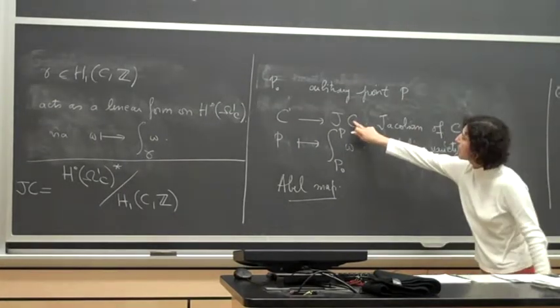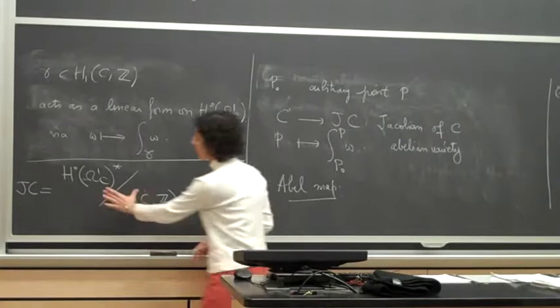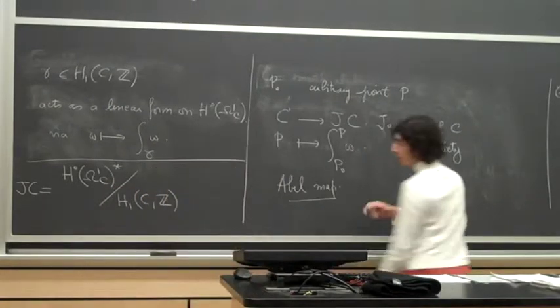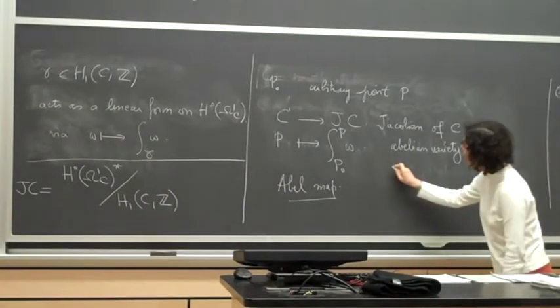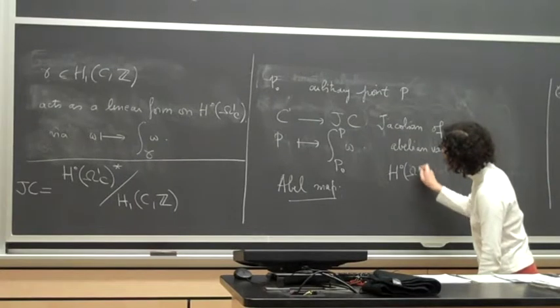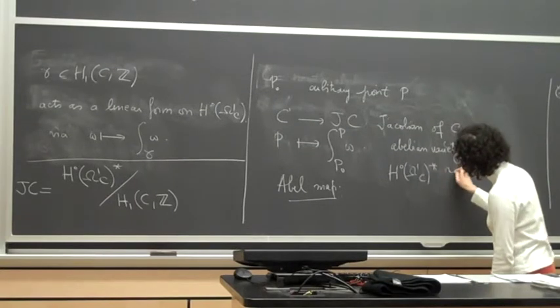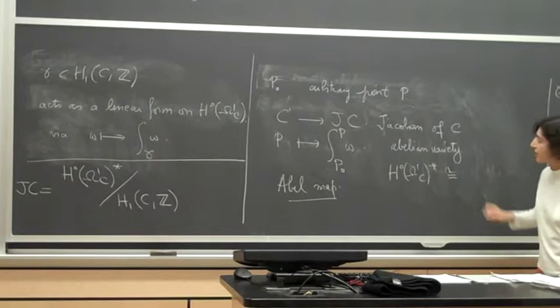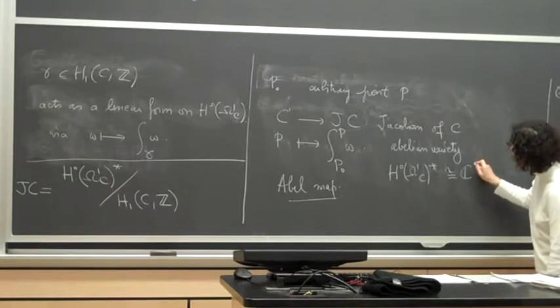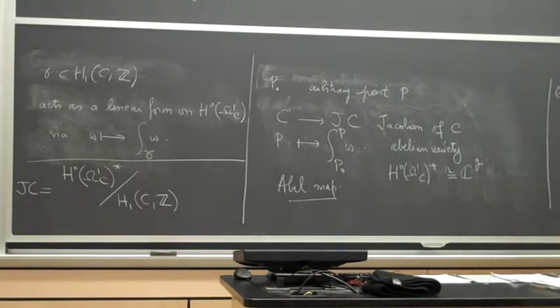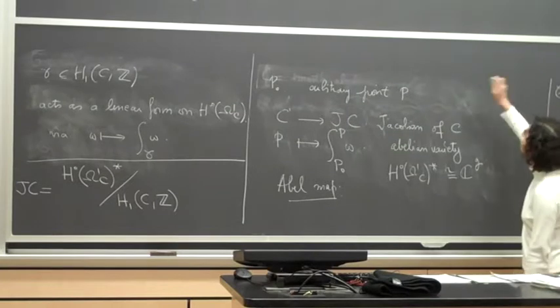What does this guy look like? Let's look at it a little bit more closely. So you have this H0 of omega 1, and we take its dual, right? You can show that it's isomorphic to the complex plane to the power of g, where g is the genus.